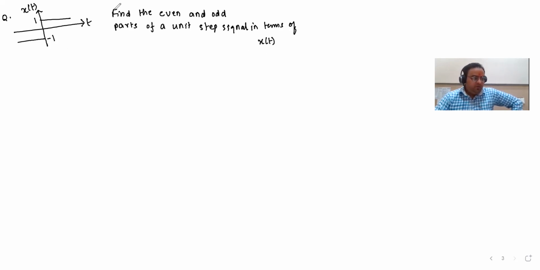This problem was asked in GATE 2005. Okay, so let us solve this problem also.